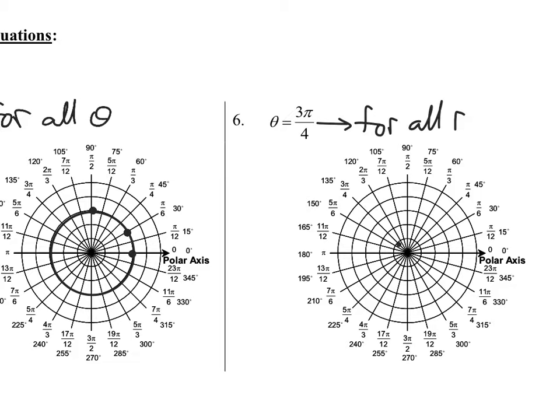So R could be 1, it could be 2, it could be 3, 4, 5, it could be -1, -2, -3, -4, -5, -infinity. Now this is theoretically in 2 dimensions, so it would be infinite.